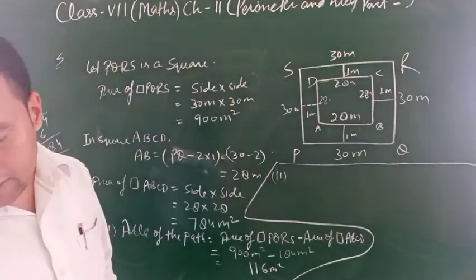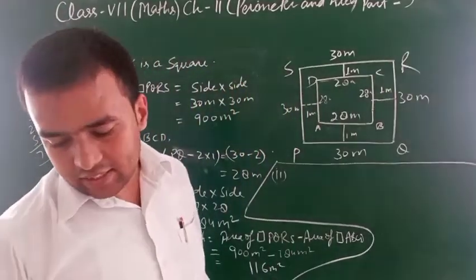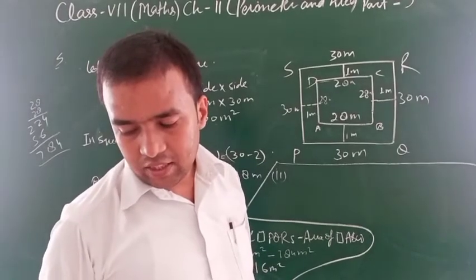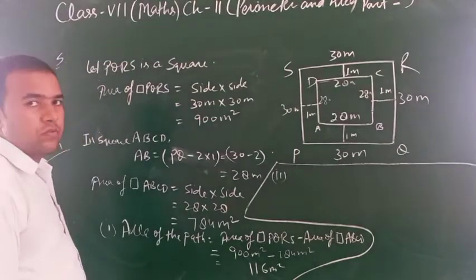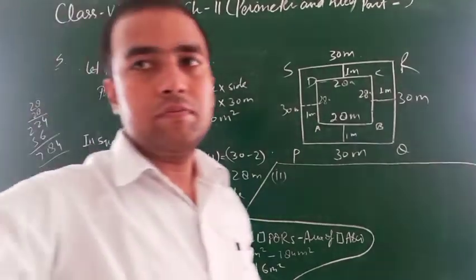The second part is asking for the cost of planting grass in the remaining portion of the garden at the rate of 40 per meter square. Note down.